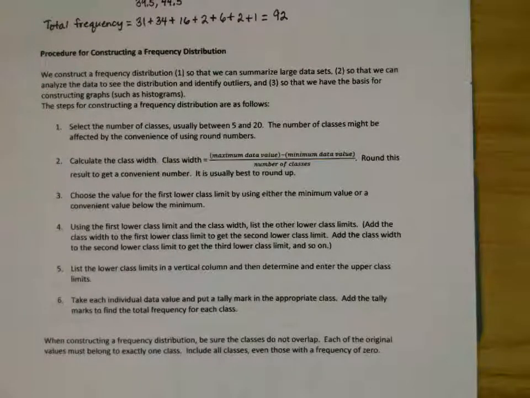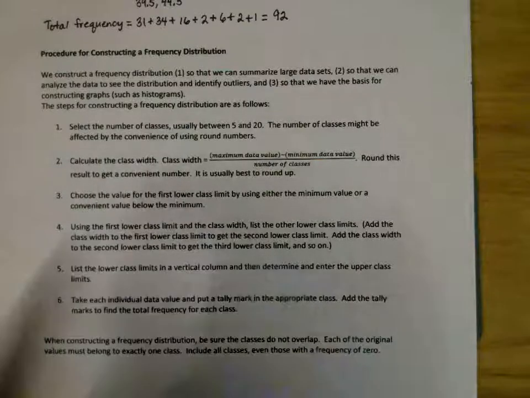Here we construct a frequency distribution so that we can summarize large data sets, so that we can analyze the data to see the distribution and identify outliers, and so that we have the basis for constructing graphs, such as histograms, which we'll talk about in the next video.